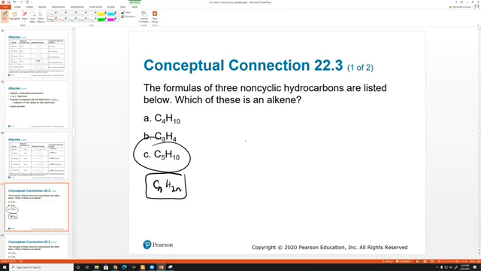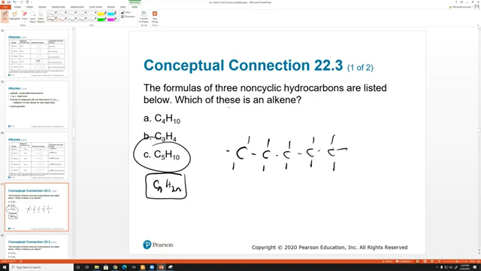But if you can't figure that out, we can just write 1, 2, 3, 4, 5, and count up the hydrogens. If we have full saturation, we're going to have 12 hydrogens.